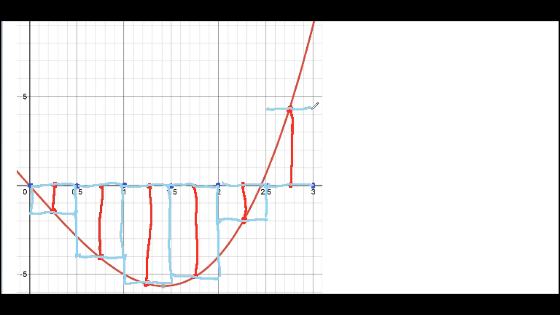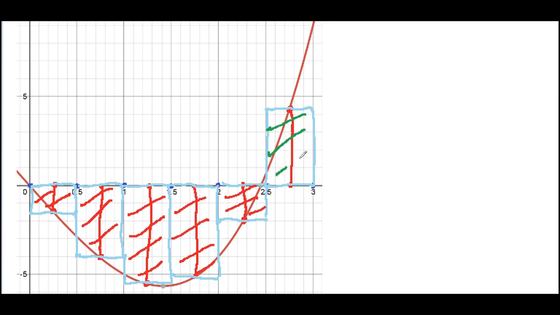And here's my last one. And now let's also indicate that we're noticing that these first 5 are negative, and only the last one is positive.